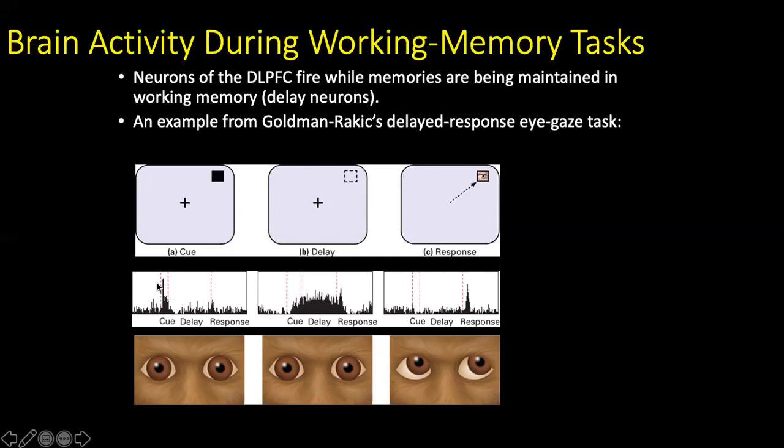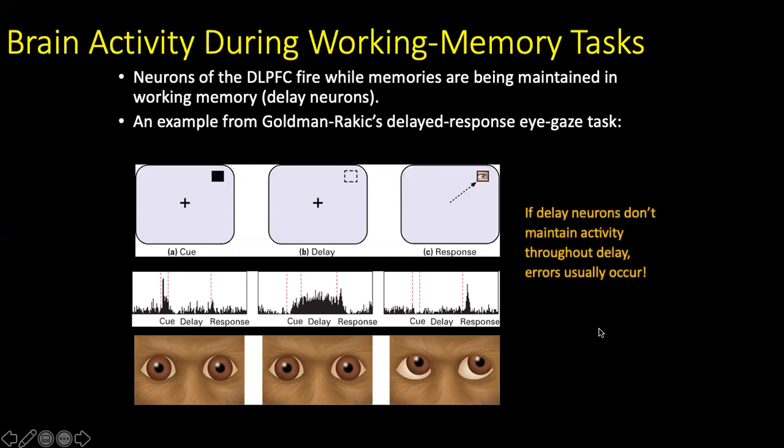There are different neurons that are active at these different times, right? We have some activation involved in recognizing the cue, and some activation involved in making that response, but there are neurons that are really interested in what's happening during that time where the information is gone. Whatever that delay is, there are neurons involved in maintaining that piece of information.